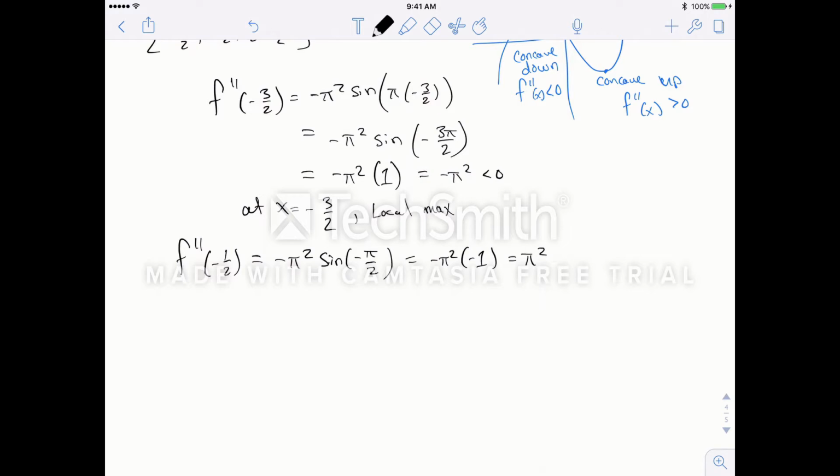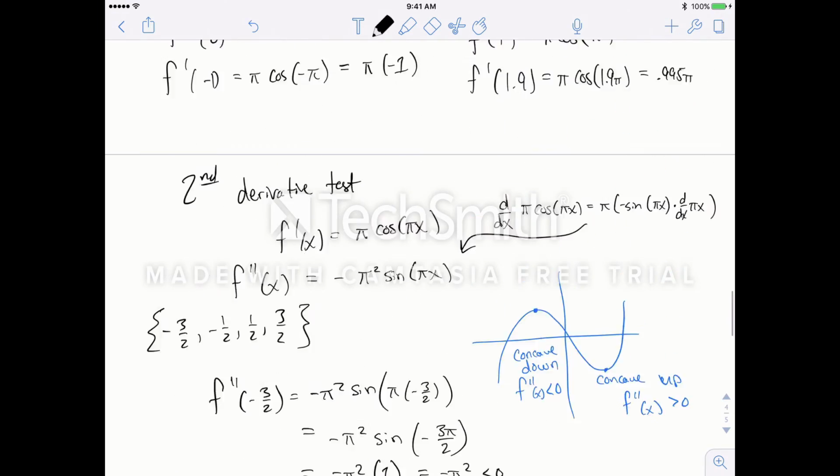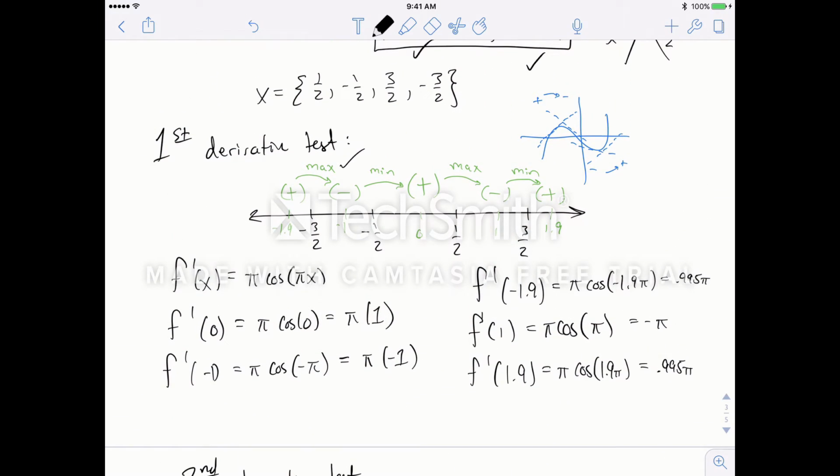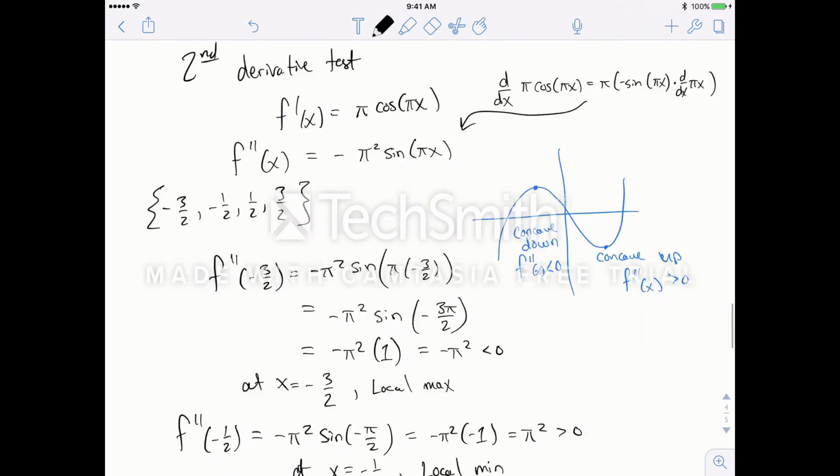So negative 1 times negative pi squared gives us pi squared, which is greater than 0. So at x equals negative 1/2, the second derivative is positive, which means we're concave up, which means we should have a local minimum. So let's check our first derivative test to see if it checks out, and it does.